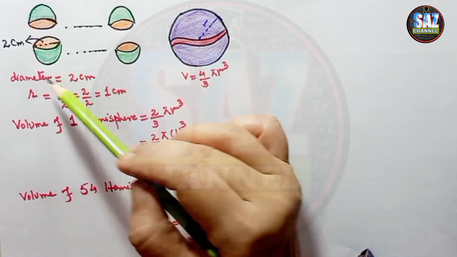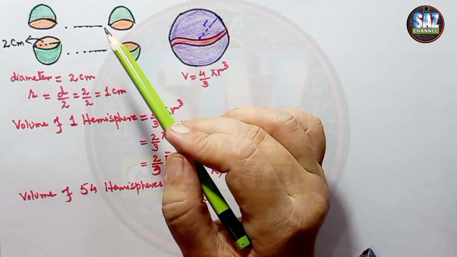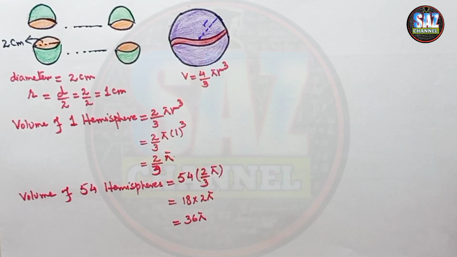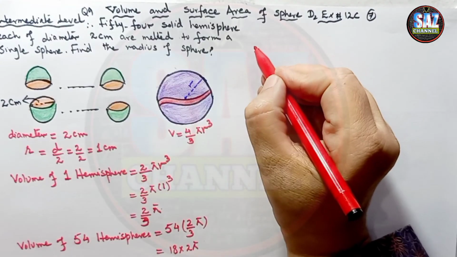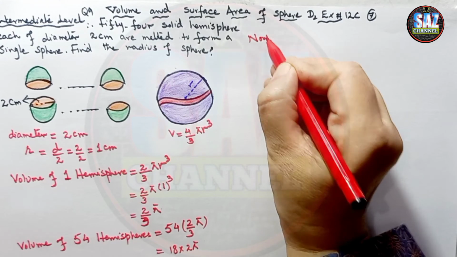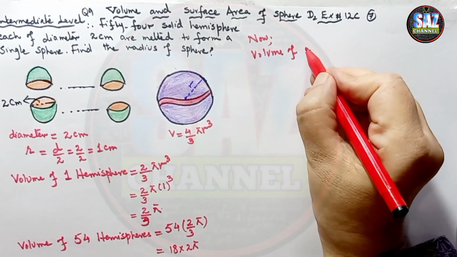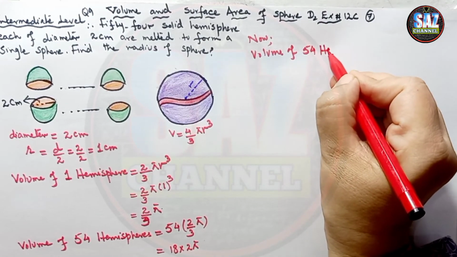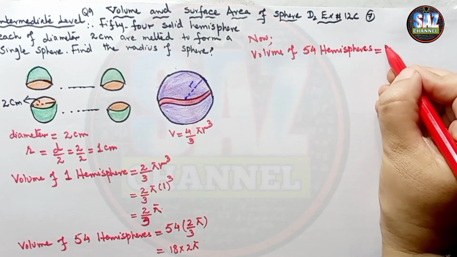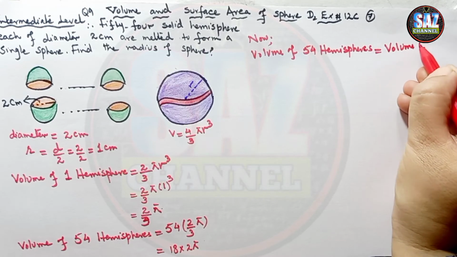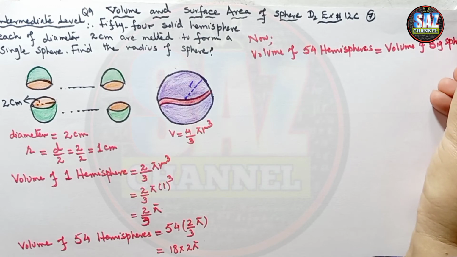The same volume will be used for making this big sphere, so the volume of 54 hemispheres will be equal to the volume of the big sphere, or single sphere that we are making, in order to find the radius of the biggest sphere.